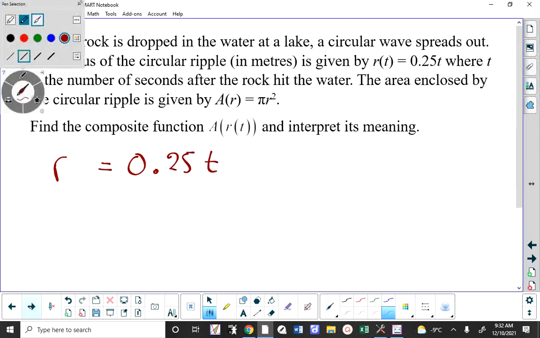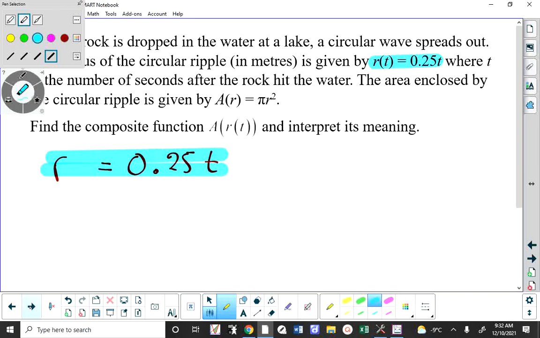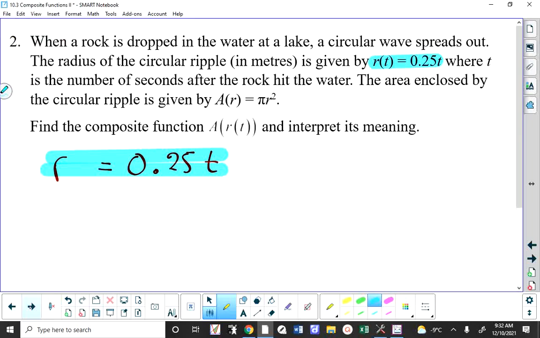You might notice that when I went from here to here, I dropped the function notation because, quite frankly, r of t is confusing. All r of t means is the radius depends on the time, and the radius is found by inputting a time.